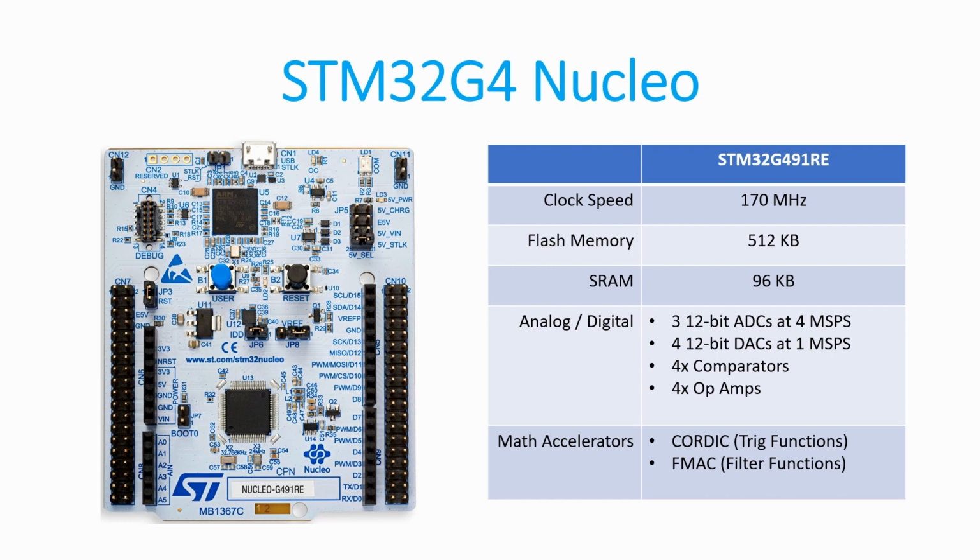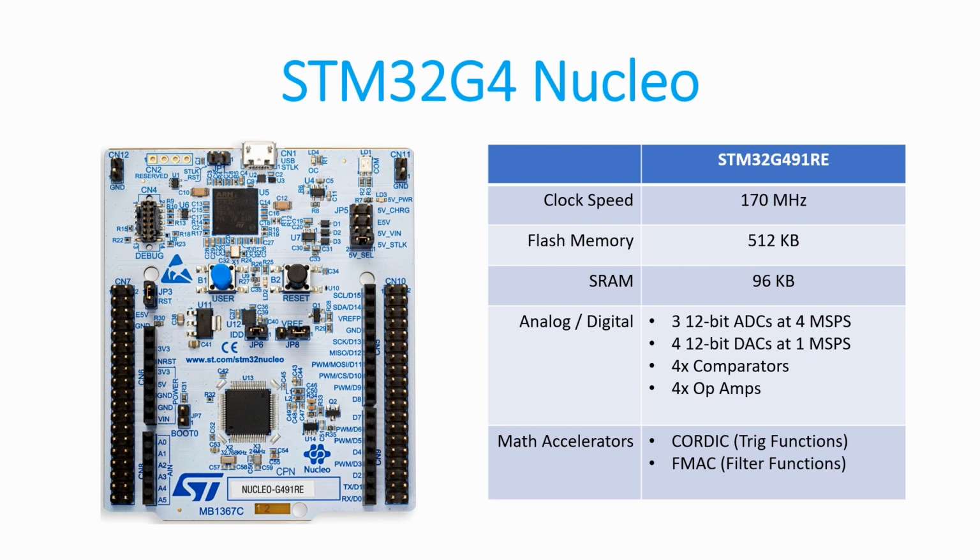It comes with three 12-bit ADCs, which are capable of operating at 4 megasamples per second, so well above the Nyquist rate of most things that we're going to be doing, and then 4 12-bit DACs capable of 1 megasample per second. As well, it also has some stuff like comparators and op-amps, which we won't be using, but are nice to have if a future project does arise.